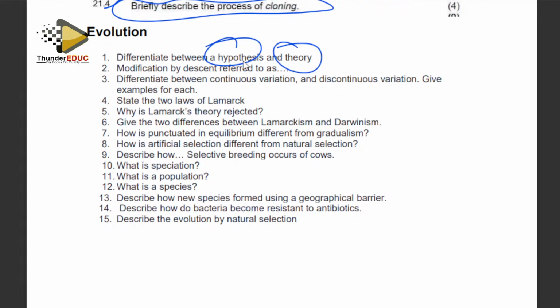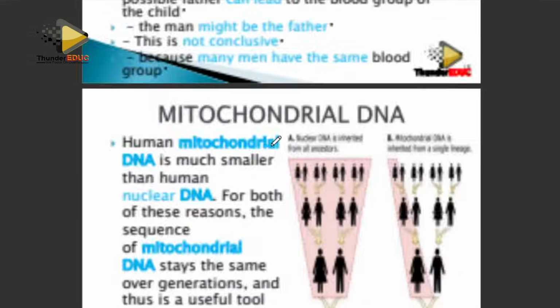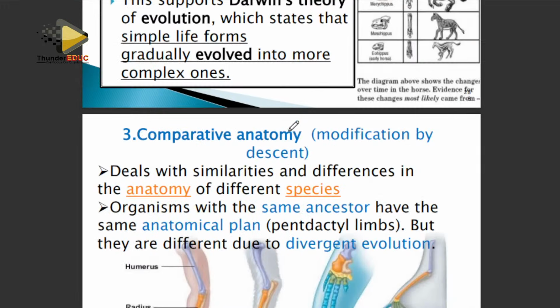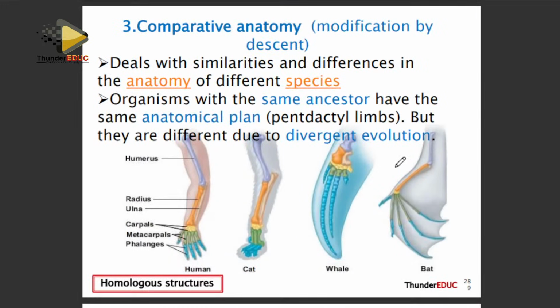Those are homologous structures. Modification by descent. Paper 1 we finished. They are looking for this modification by descent. You see, from our distinction material book.